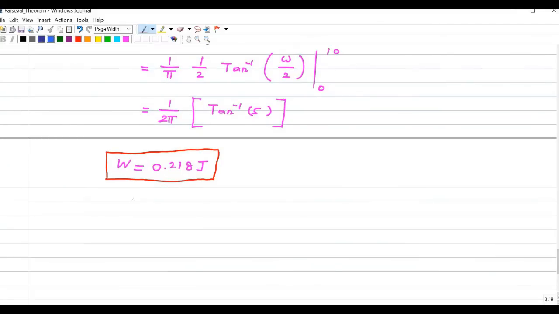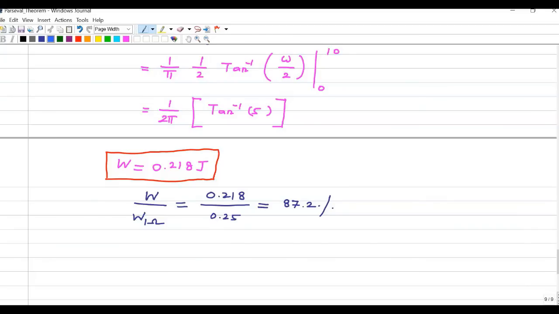So the ratio is W over W1, 0.218 in the numerator divided by 0.25 in the denominator. So what is the value we are getting? In terms of percentage, the inference is almost 87% of the energy is available between minus 10 to plus 10.